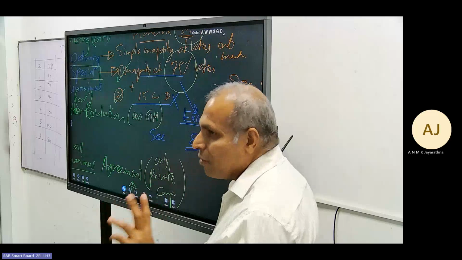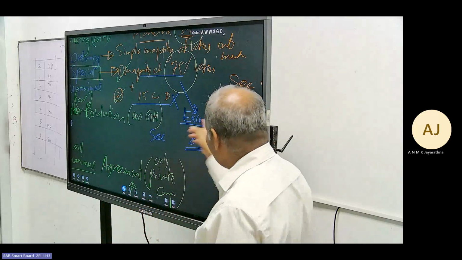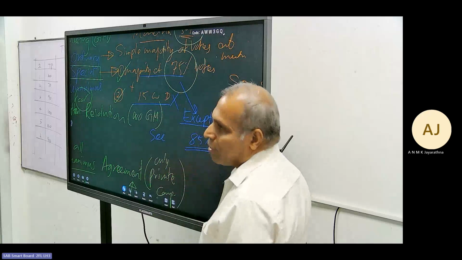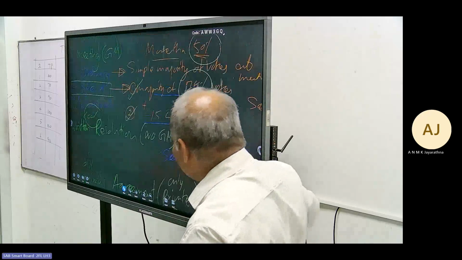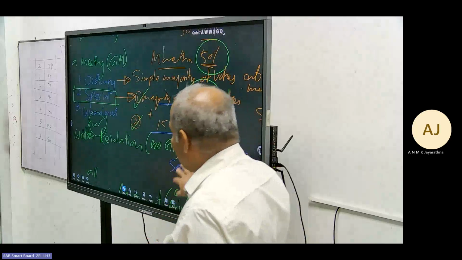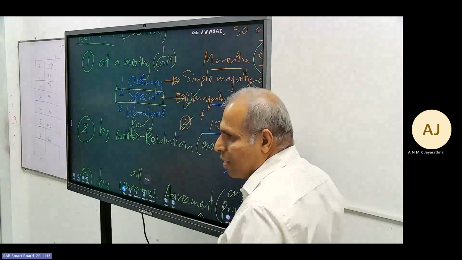Even with less than 15 working days notice given, the company can propose and pass a resolution by a majority of 85% of votes. Unanimous means at the meeting all the shareholders give their consent, and that is a unanimous resolution.